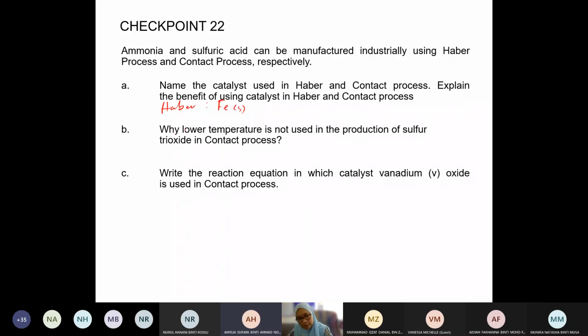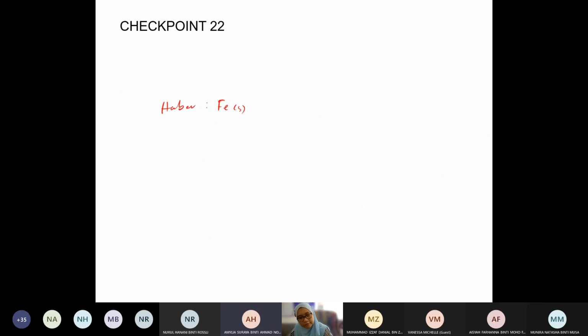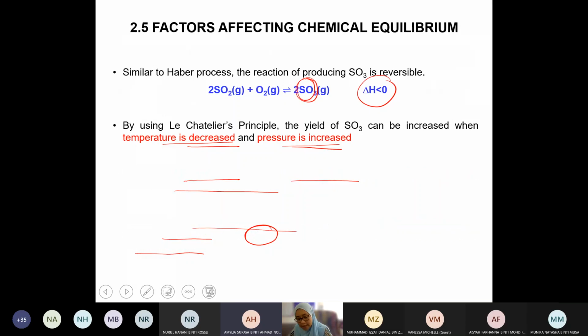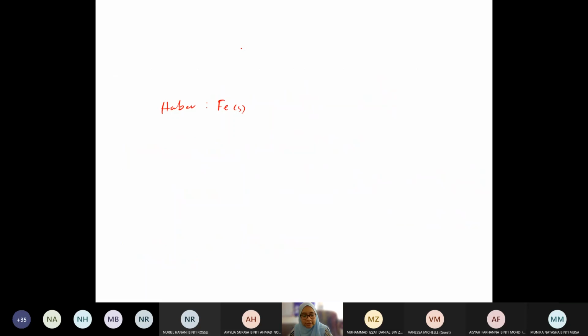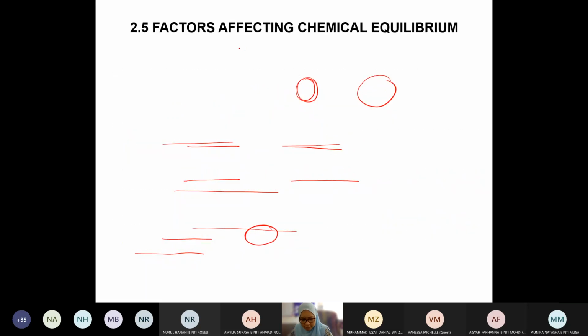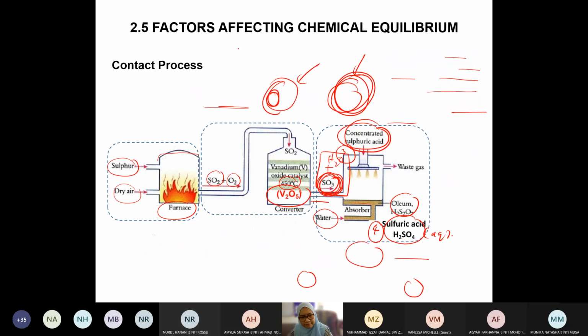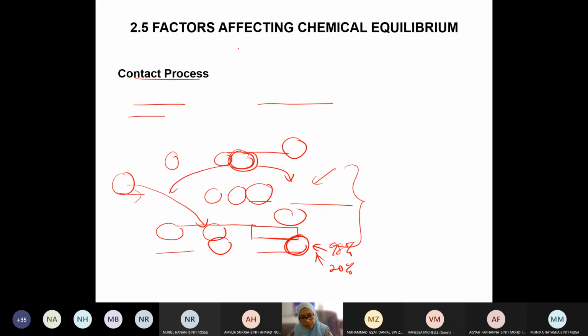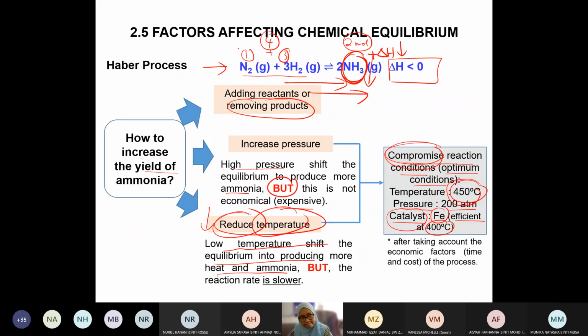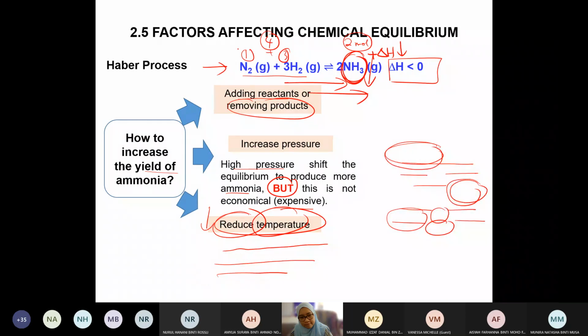Dia tak dicakap kan iron apa. Dia ada cakap ke? Iron satu je, iron. Okay, so iron tu dia boleh produce iron 3 and iron 2 kan? Kita ni depends on the reaction, betul tak? Okay. Dia tak ada cakap.